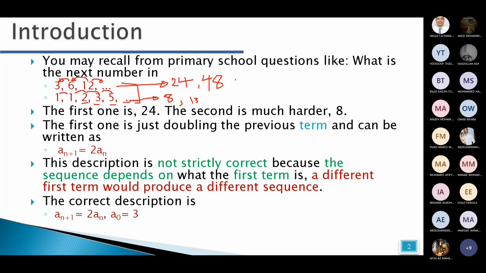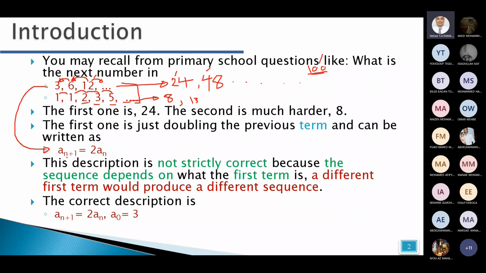What's the question? What's the value of term 100, for example? This is term 0, term 1, 2, 3, 4. What's the value of term 100? To know it, you need to know term 99 and term 98 and so on. Of course, no. This series we can write as a recurrence relation like this.